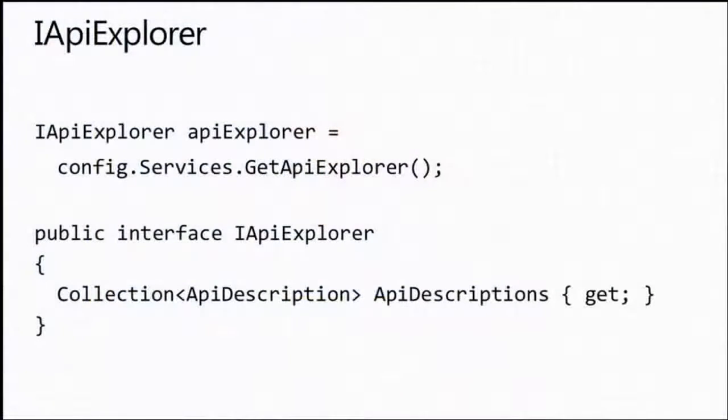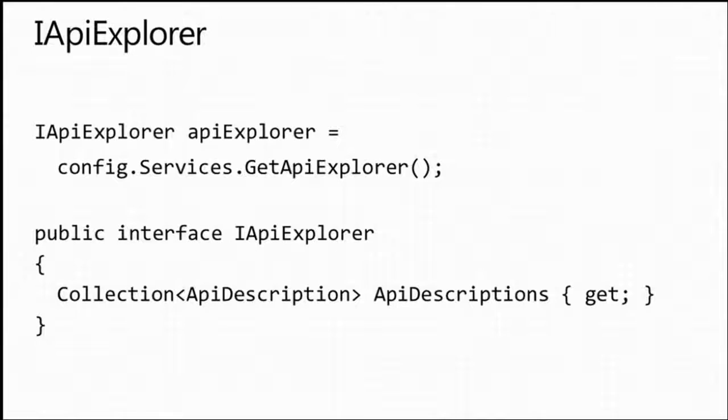And in the release candidate, we've tried to make it really easy for you to build those types of help pages. What we've done is we've created another service that you can grab from the config. It's an API Explorer. What this will do is give you a full runtime description of your web API. All of the routes, all of the allowed HTTP methods for those routes.